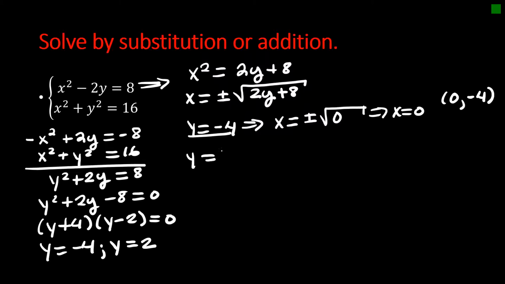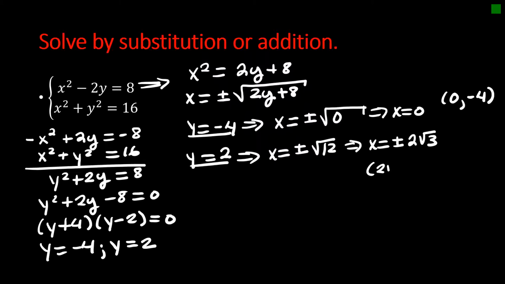If y is 2, then we have x is plus or minus the square root of 2 times 2, which is 4. 4 plus 8 is 12. So we have plus or minus the square root of 12, which x is going to equal plus or minus. 12 is 4 times 3. The square root of 4 is 2, and you're left with the square root of 3.